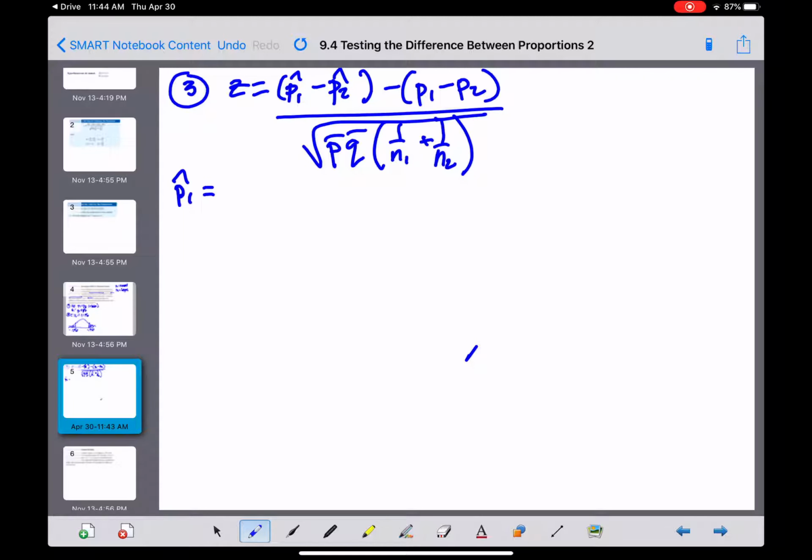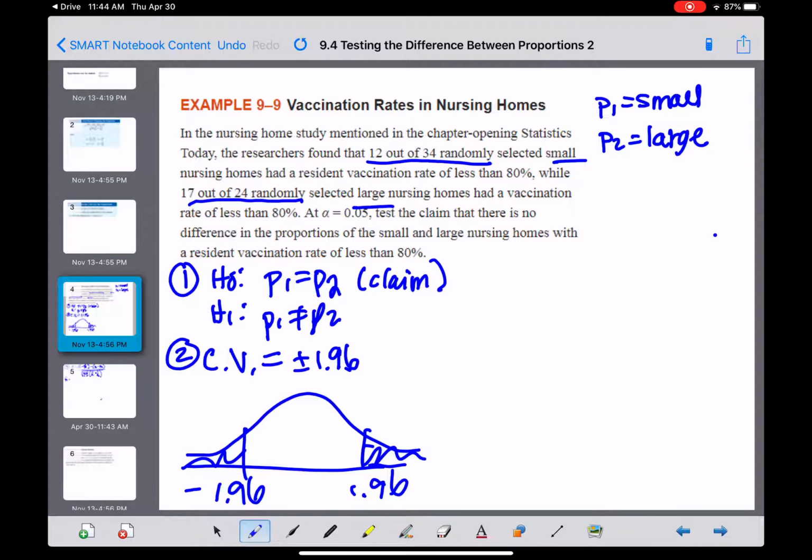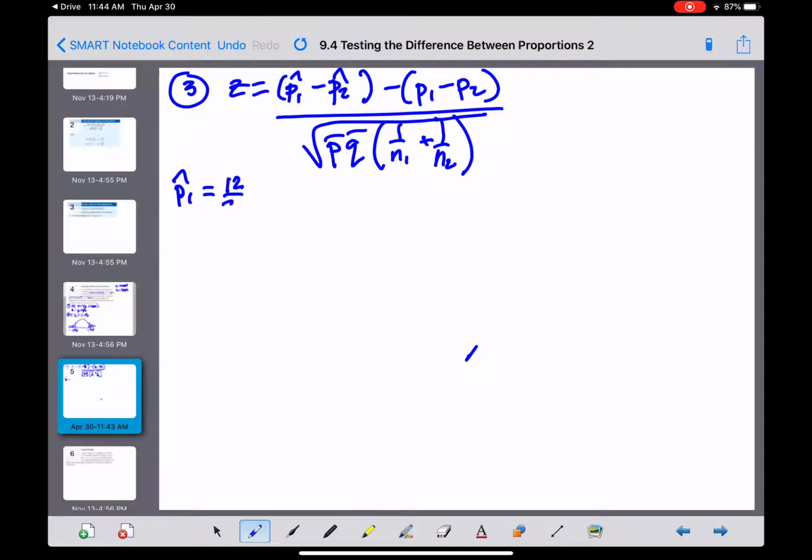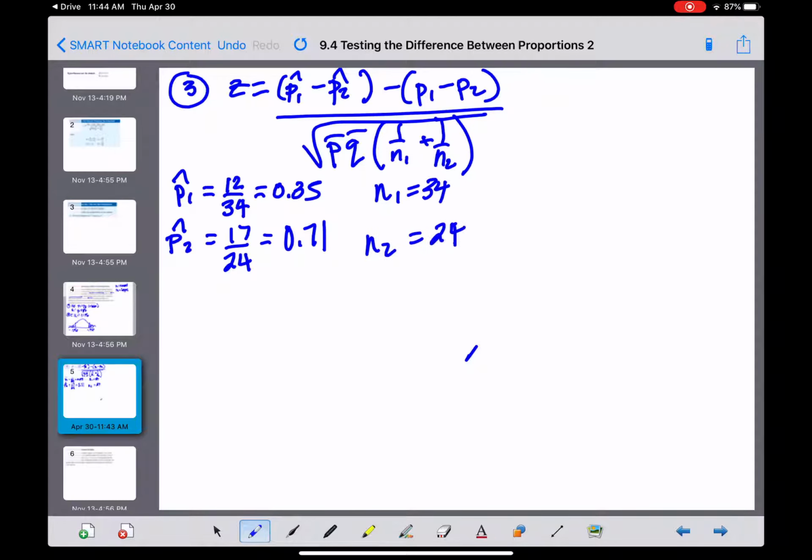That was our small, so 12 out of 34 is 0.35. And p2 hat is 17 out of 24, so 0.71. And then n1 was 34, n2 was 24.